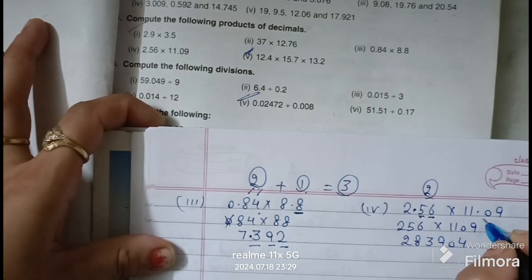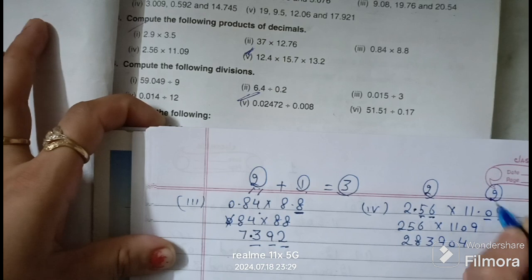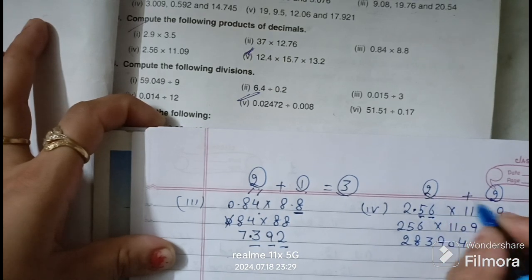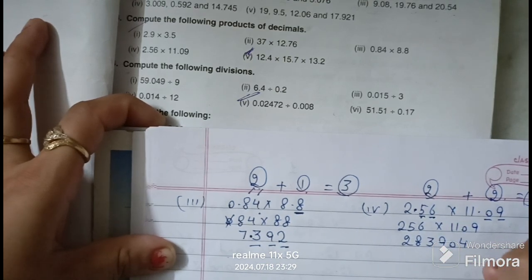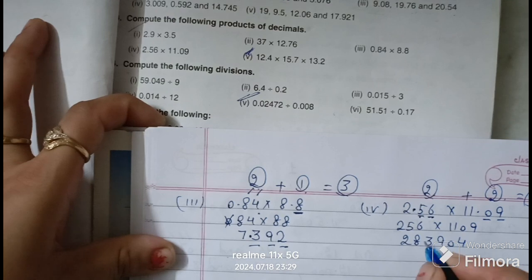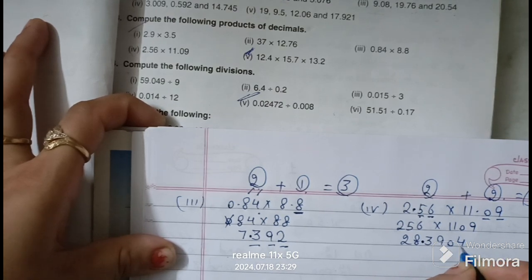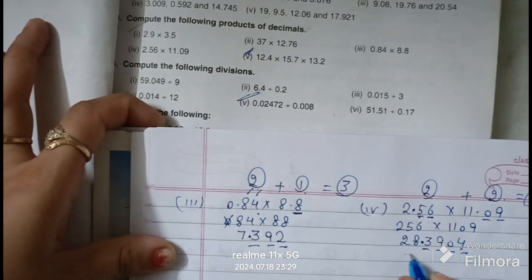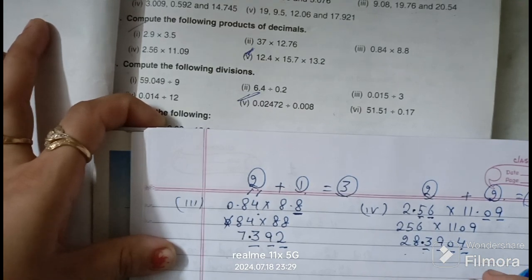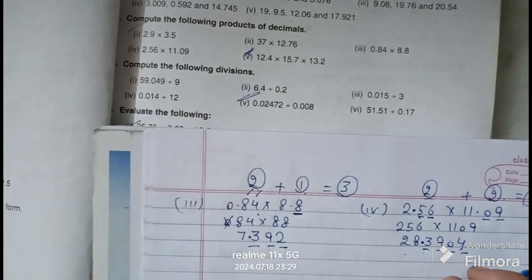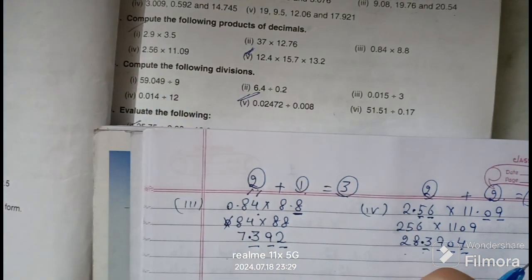That is 4. So I have to put 4 digits after the decimal sign. 1, 2, 3, 4. So the answer is 28.3904. Okay, so here what we have to remember is that while we are doing multiplication, I am going to add the number of digits after the decimal point.